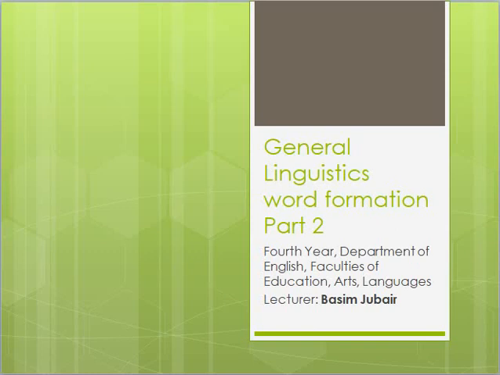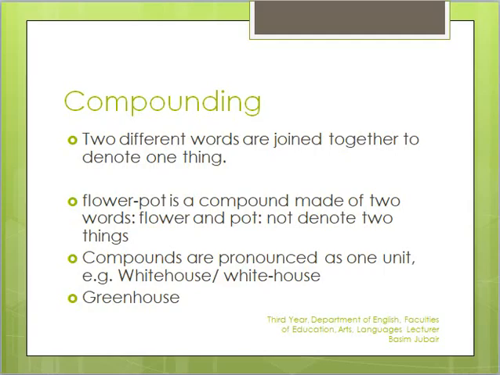Now, continuing with these processes from which words are composed, let's start with the process of compounding. Compounding, again, is one of the most significant processes from where we can get words into the language.